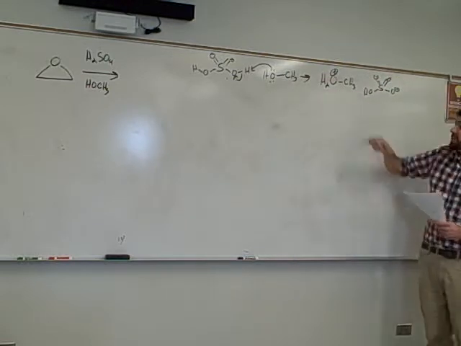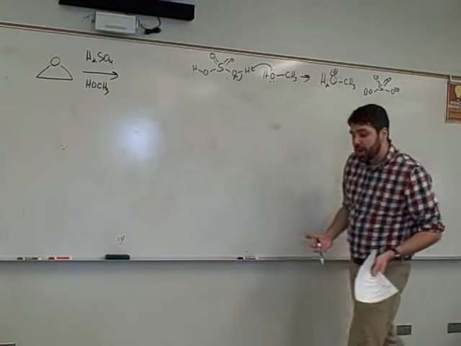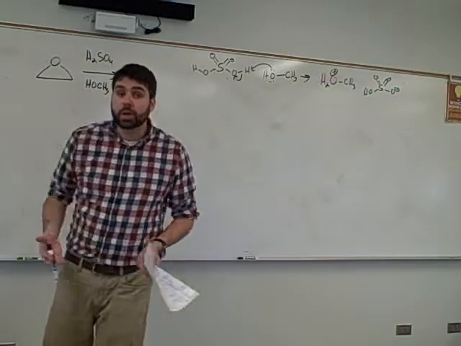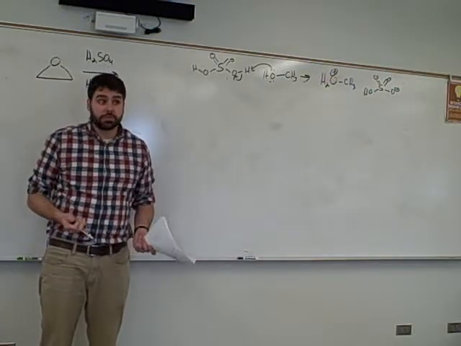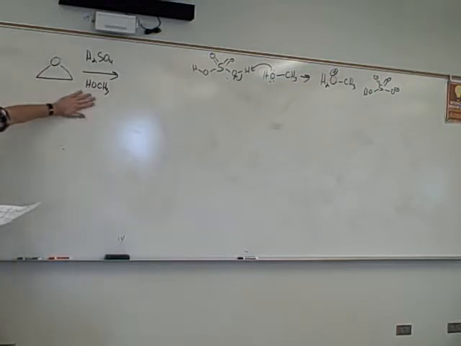It's actually this species that's likely going to be our most acidic species in solution, in the same way that if you drop a strong acid into water, H3O plus winds up being your strongest acid in solution.